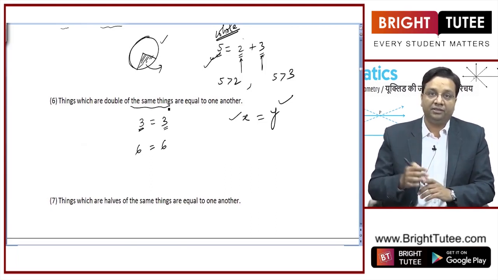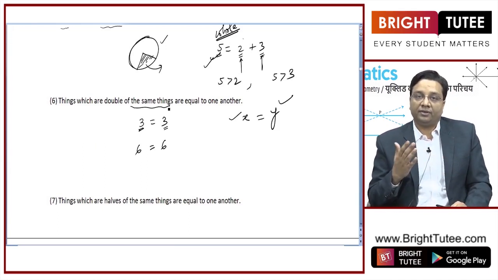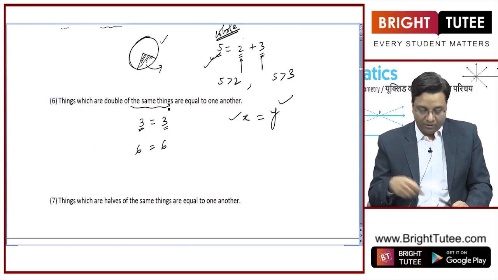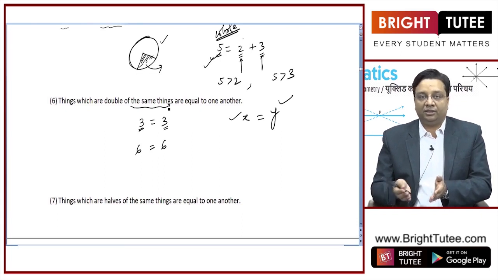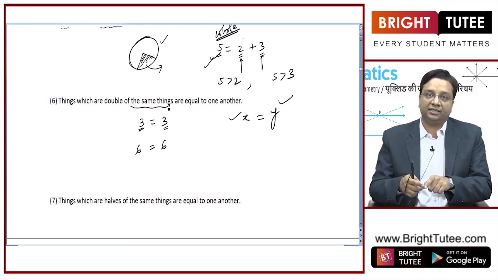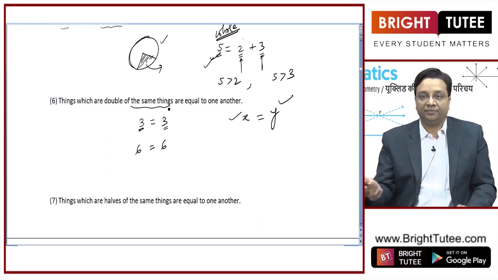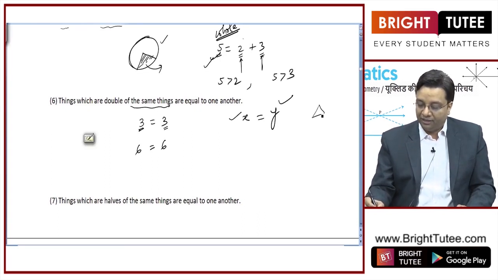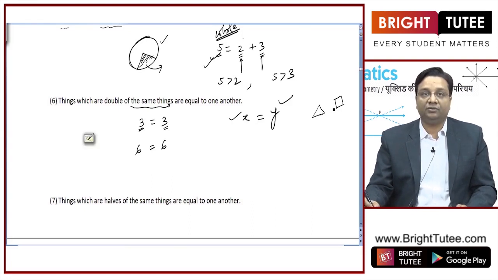When I say same things, when I am comparing two quantities, I cannot compare a line with a rectangle. So, when I am saying these are equal, I mean two areas are equal, let us say two rectangular areas are equal. That way, a line cannot be equal to a rectangle, or for example, a triangle may have equal area of a certain square, but I cannot say that these are equal.